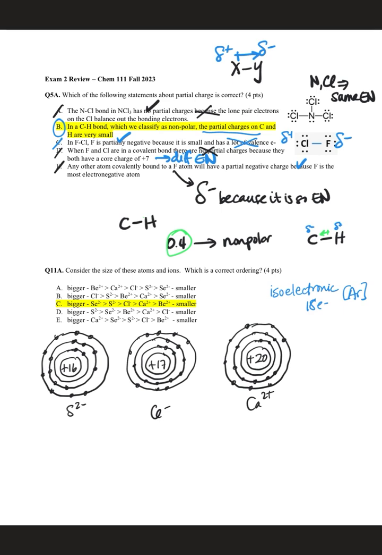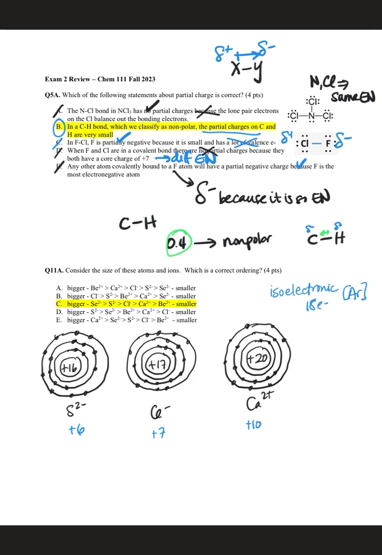But they're not all exactly the same because the core charge experienced by the sulfide is going to be +6. For the chloride, it's going to be +7, and for the calcium, it's going to be +10. Let's make sure we know how that gets calculated.